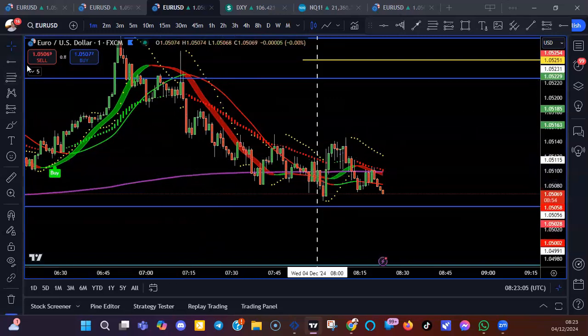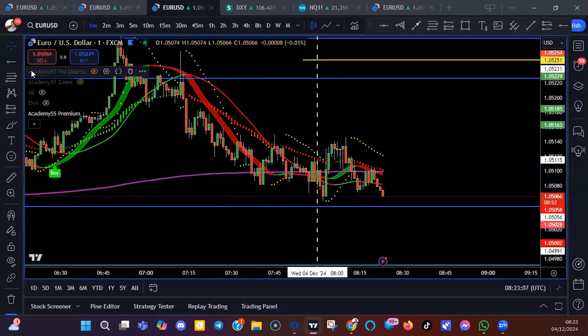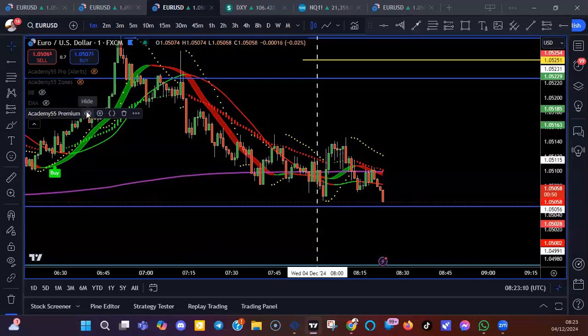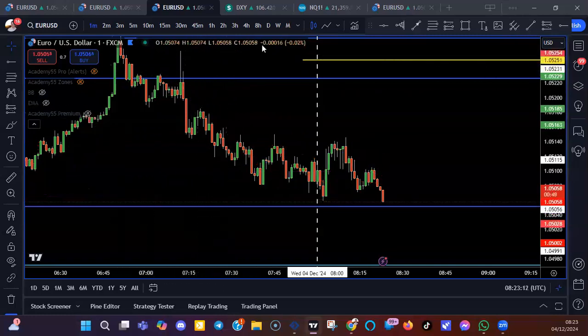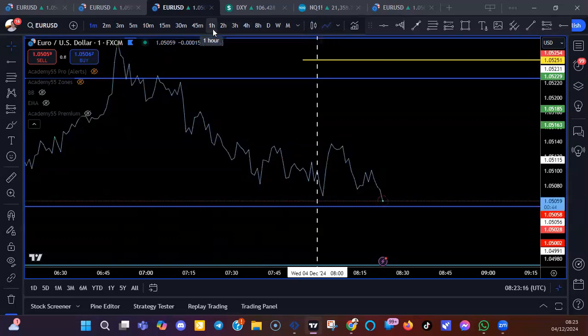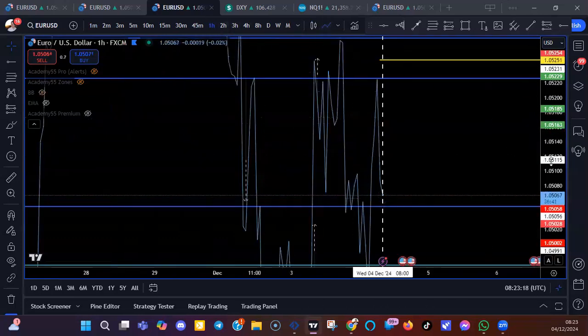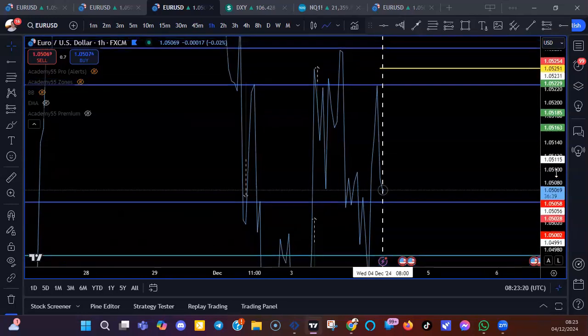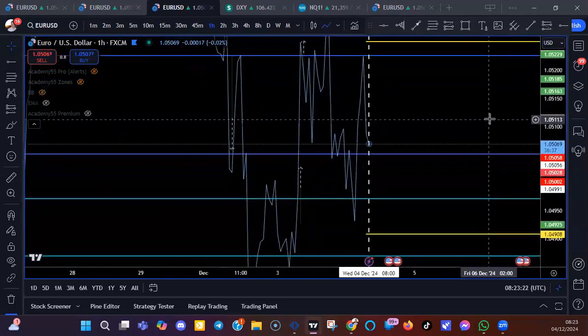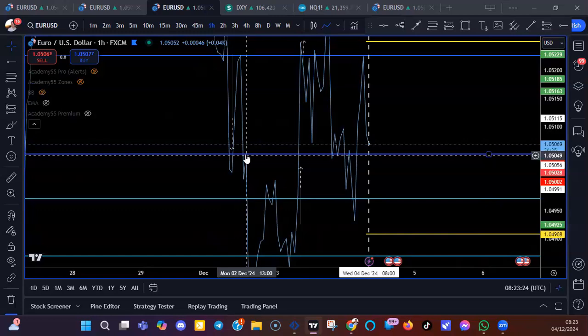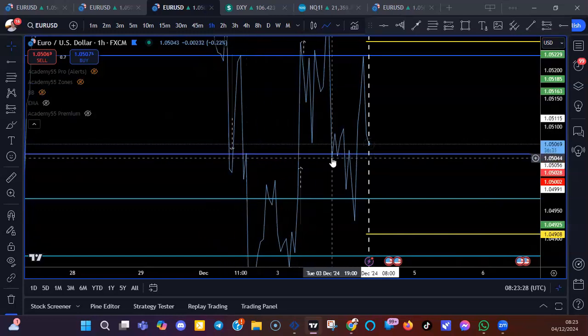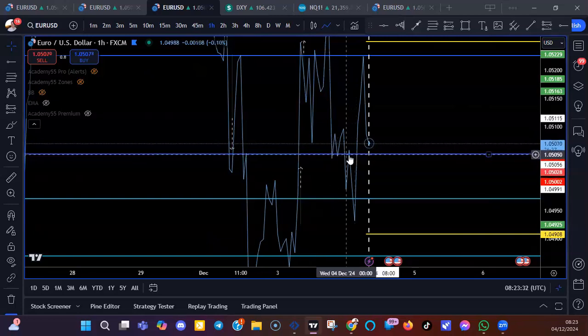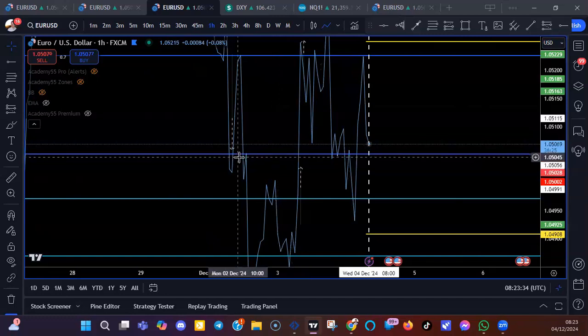I'll show you how I drew those lines. Let's do away with that and turn this to a line chart, put it on the hourly. Now this line we're coming up to now, as you can see, it was resistance there, support here, support there, kind of same as that there.